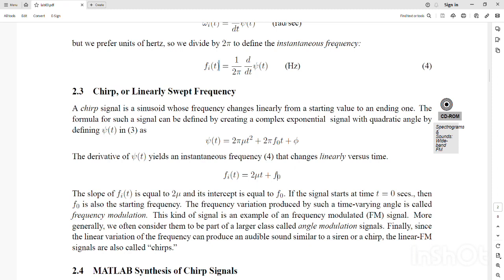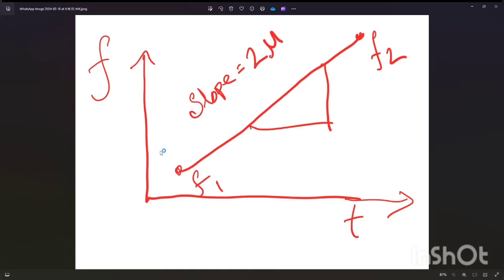If we plot this frequency versus time, you will get a plot like this.